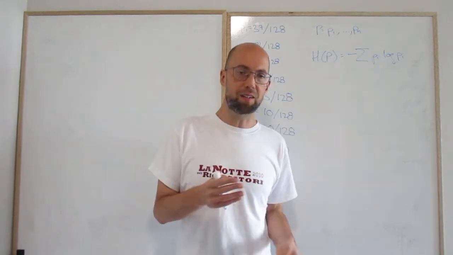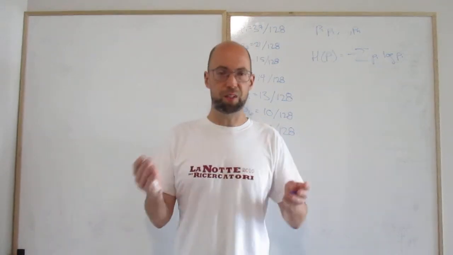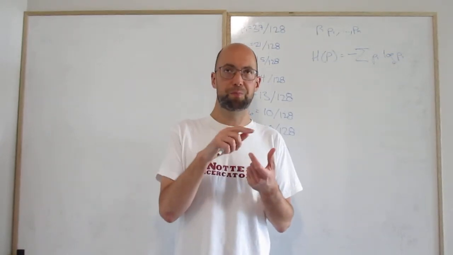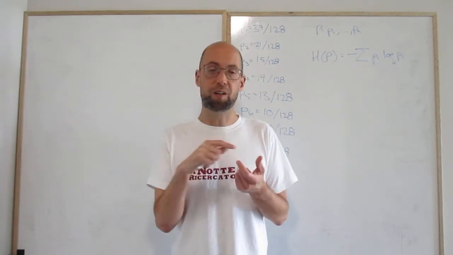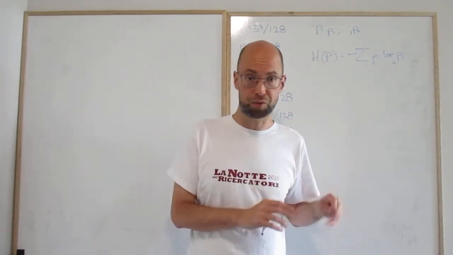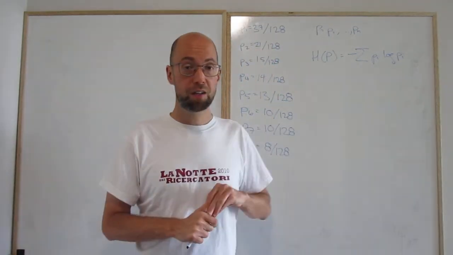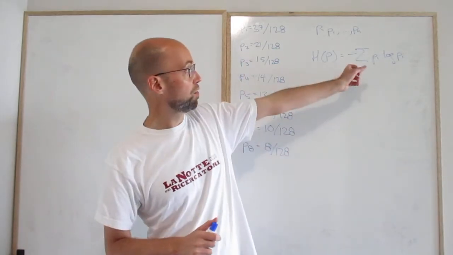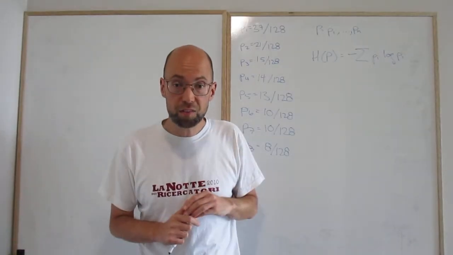And if you break the events up in a certain way, then the uncertainty has to be the uncertainty of the first part plus the weighted uncertainty of the second part. Blah blah blah. It's in the course notes. So he showed that entropy is the only function that fits.